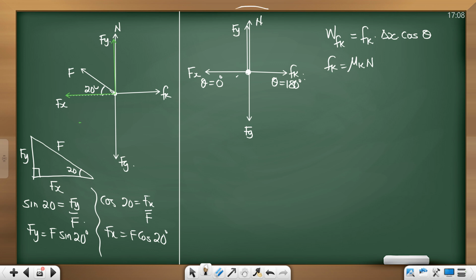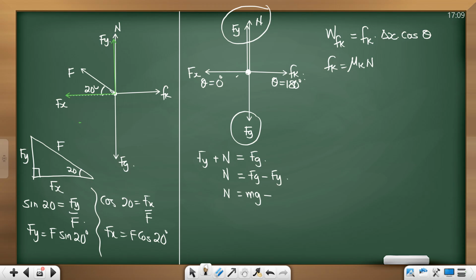There are 2 forces pointing up and 1 pointing down. What does that tell you? Fy plus N is equal to Fg. What is N therefore? Fg minus Fy. What is Fg? mg minus, what is Fy? F sine 20 degrees.